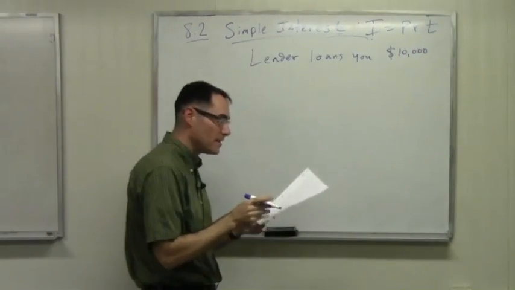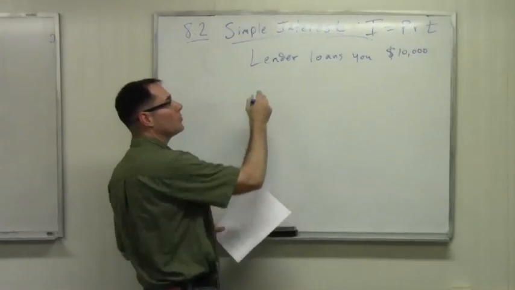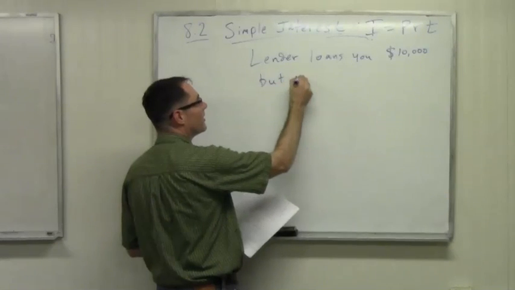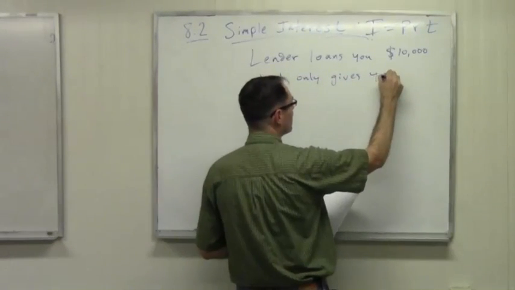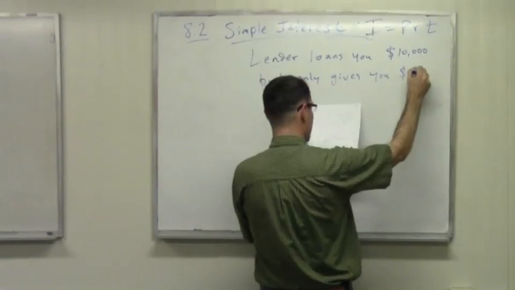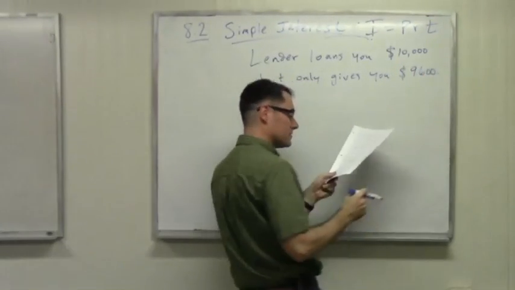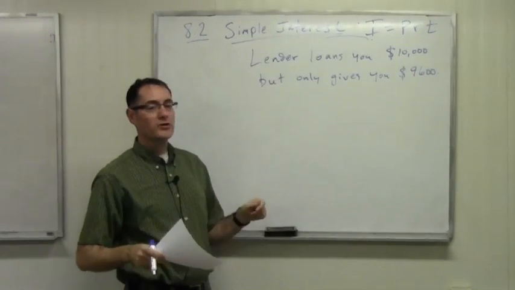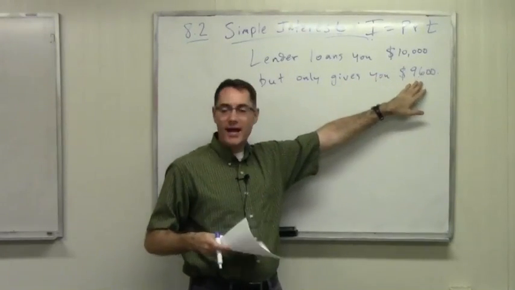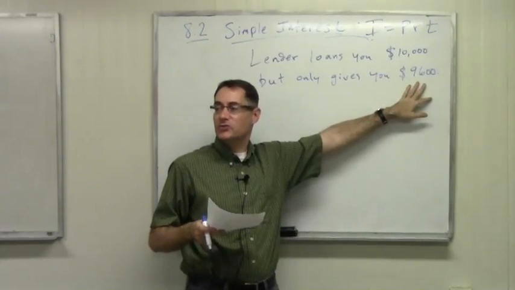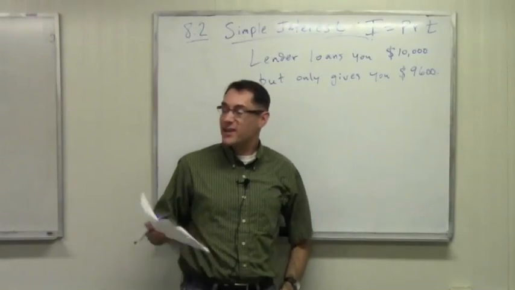$10,000. If that lender only gives you $9,600, in other words, you're borrowing $10,000 but only getting $9,600, because you're paying the interest now. You pay the interest up front.